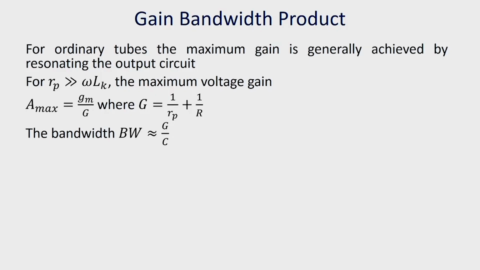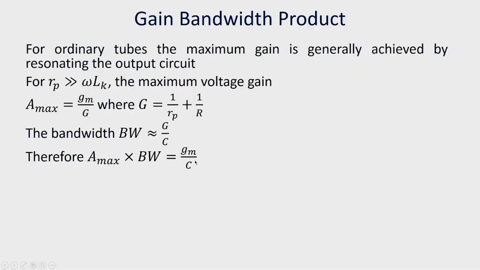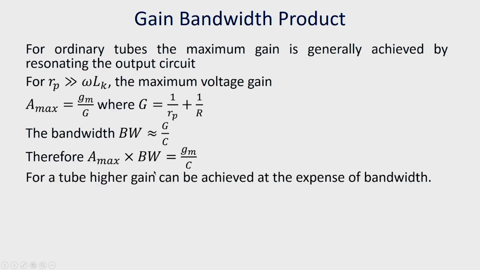Now, we find the bandwidth around this resonant frequency, where the maximum gain falls to 1 by root 2, and the bandwidth will be approximately G by C. Therefore, the product of Mx and bandwidth is equal to Gm by C. For a given tube and a resonant circuit, the right hand side is independent of frequency, and therefore, if we want to maximize the gain, we will have to do it at the expense of bandwidth.